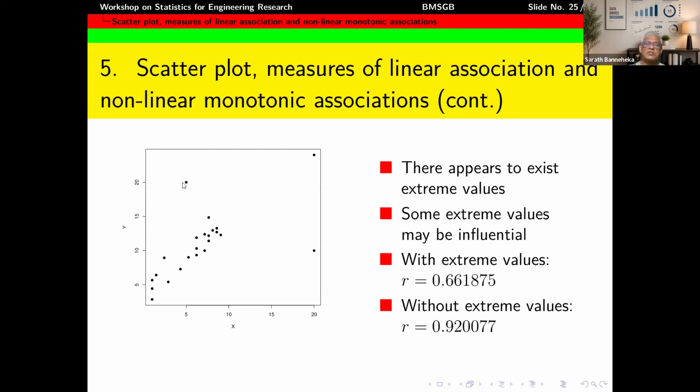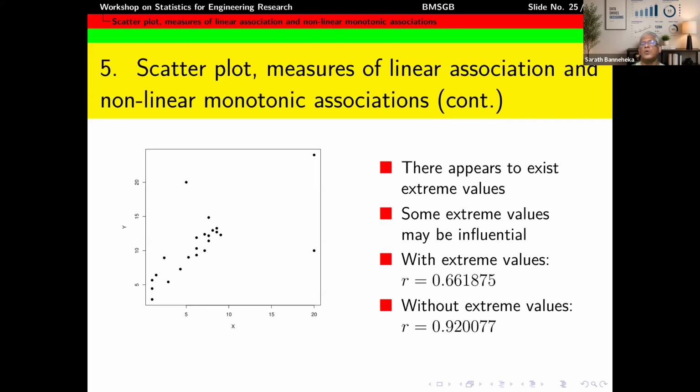Now, these extreme values may occur due to different reasons. One main usually occurring reason is errors: typing errors, recording errors, measurement errors, and that kind of thing.